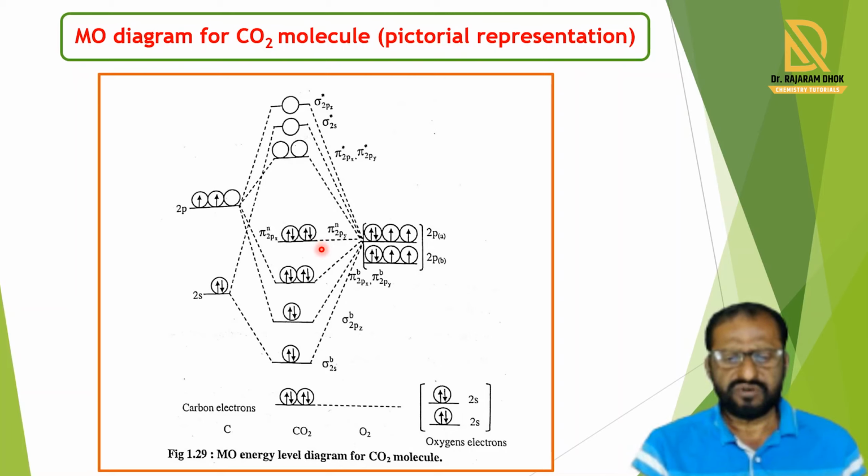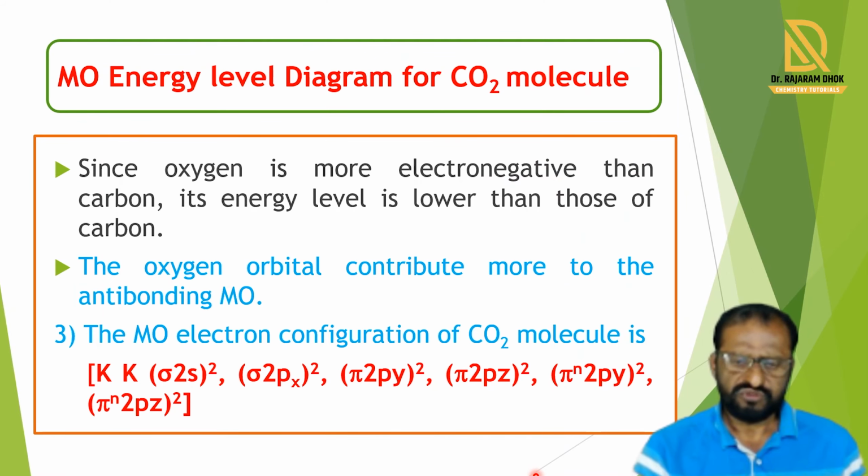So these are the electrons filled in the molecular orbitals, and from this we can show the MO electronic configuration of CO2 molecule. So here oxygen is more electronegative and so it remains at the lower energy. And from this we write the electronic configuration of CO2 molecule.